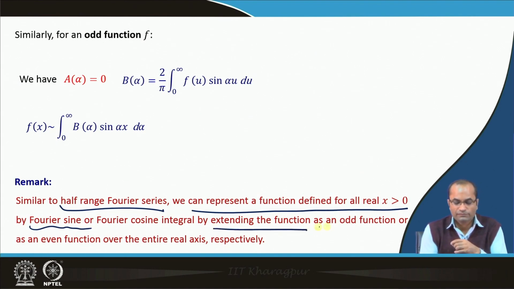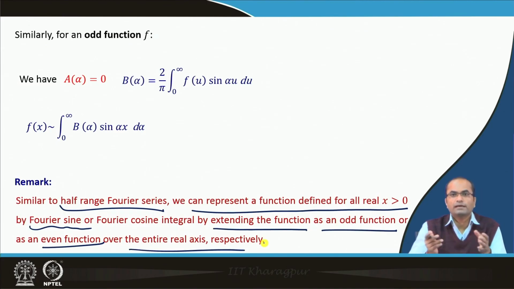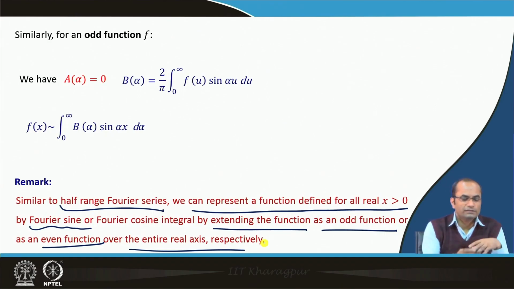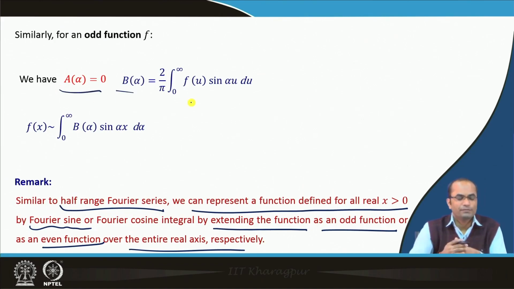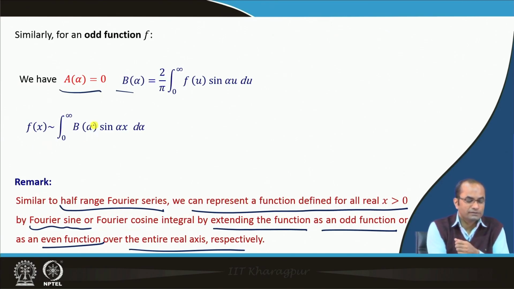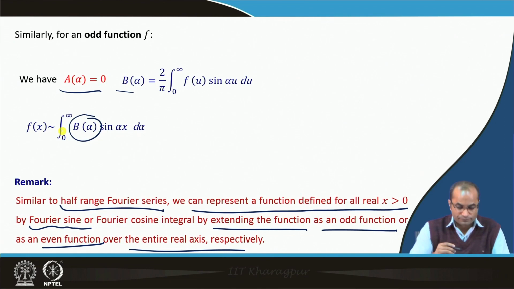By extending that function as an odd function or an even function over the entire real axis, for instance extending it from minus infinity to 0 so that the function on the whole real axis becomes an even function, then we have the simplified representation where a alpha will survive and b alpha will become 0, and we have the rather simple representation with that a alpha.